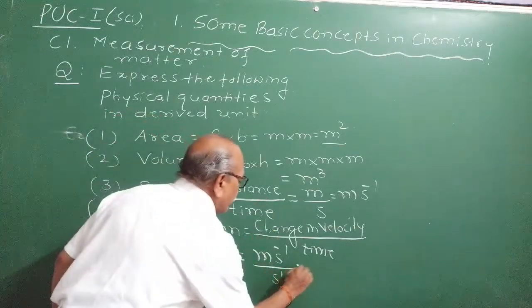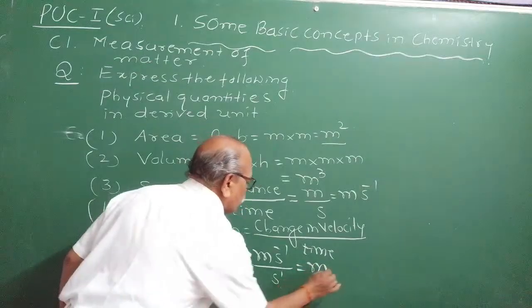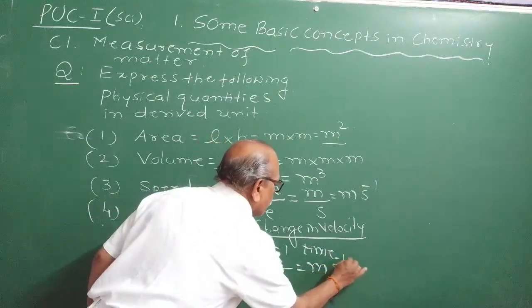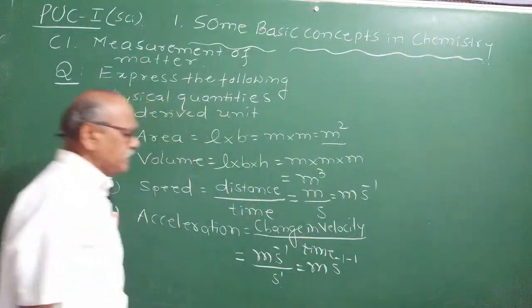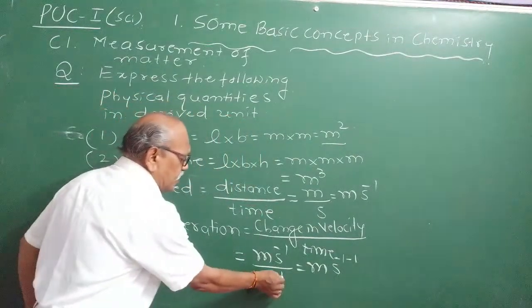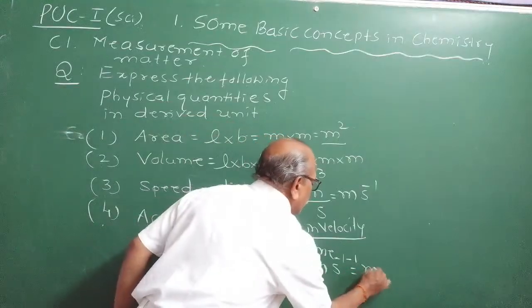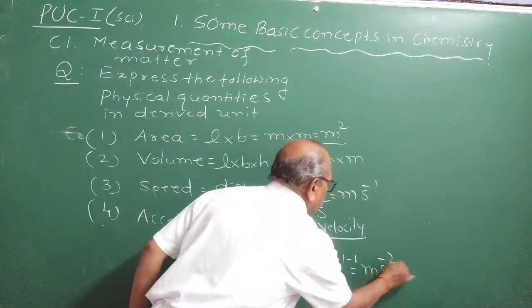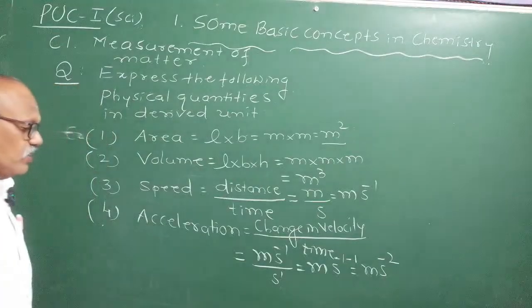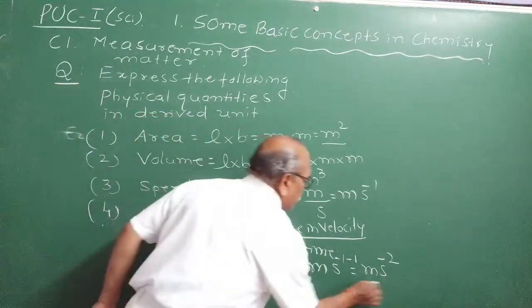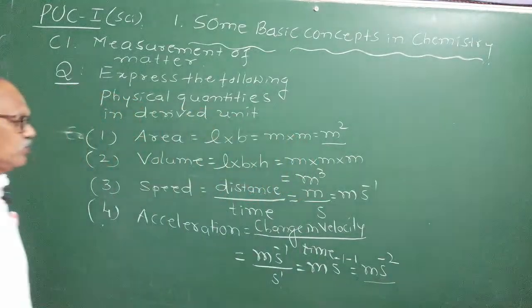Using laws of indices, you can take this s raised to minus 1 in the numerator. Look, the denominator s raised to 1, when it comes to the numerator becomes minus. So meter per second square, how these particular derived units are obtained, you see.